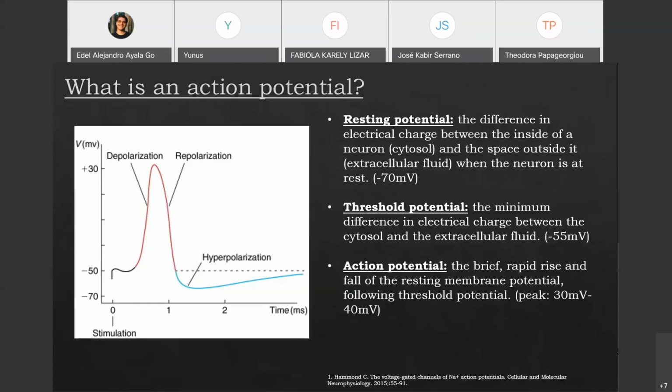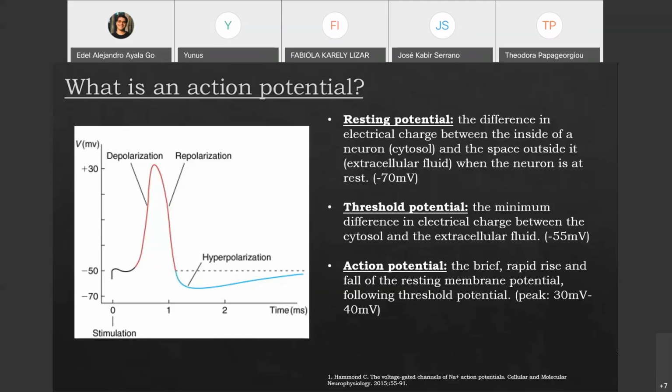But what happens during action potentials? So when cells are not stimulated, they are in resting potential, where the electrical charge outside the cell and inside the cell, the difference of the two, is around minus 70 millivolts.